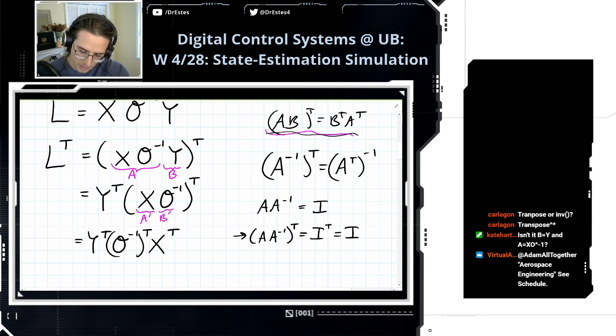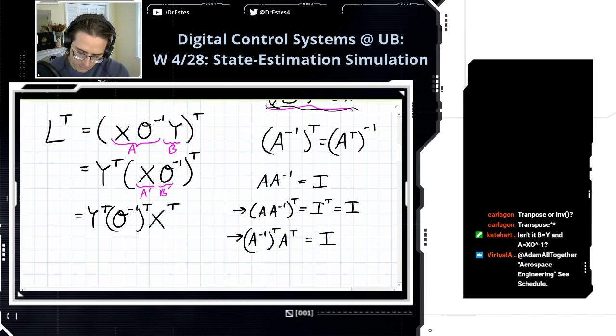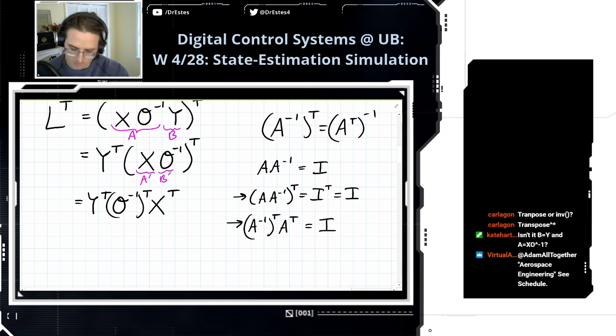And I would get A inverse transpose times A transpose is equal to I. So if A transpose times some other matrix is equal to the identity matrix, well, what's the definition of an inverse?